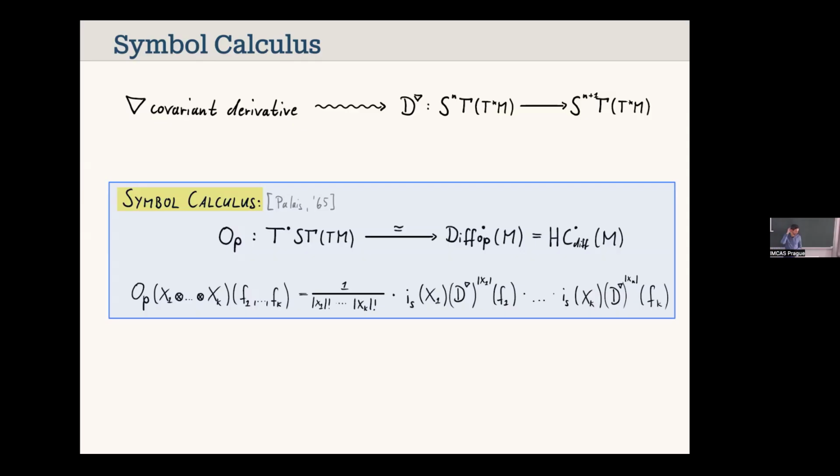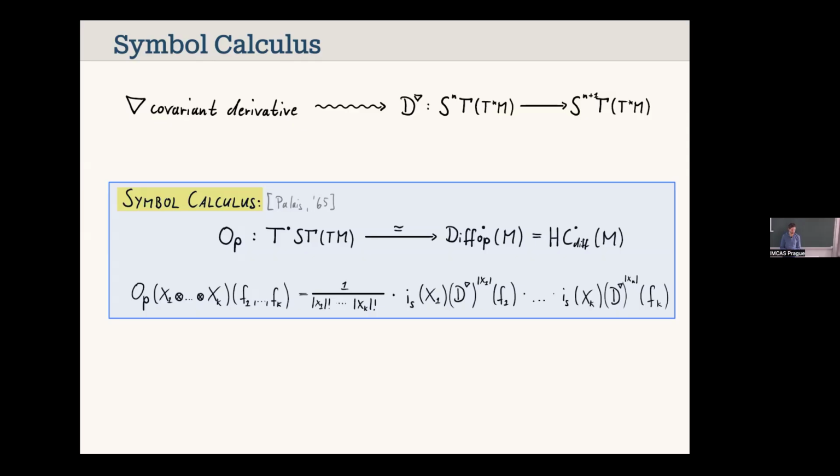I wrote down the definition of the map just to give a little bit of a feeling. This op means we want to construct a differential operator out of this tensor product of x1 to xk, where each x is from the symmetric algebra of the vector fields. We have to apply it to k functions, and this should be a differential operator.